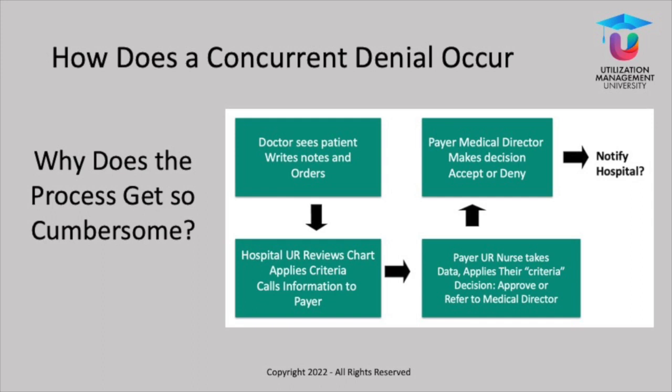The payer UR nurse then takes the data, applies their criteria, and a decision to approve or not, or then goes to refer it to the medical director. Then the payer medical director makes a decision whether to accept it or to deny it, and then the process goes to notify the hospital of the decision.